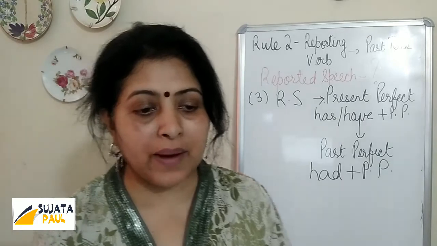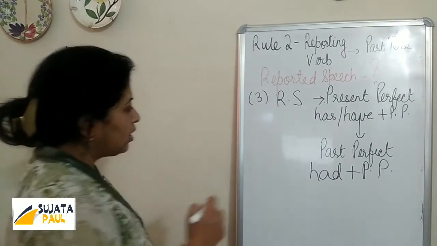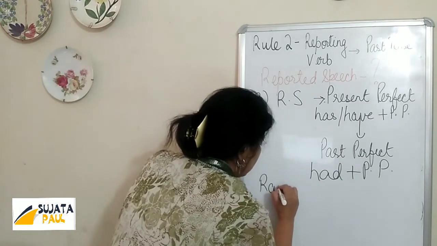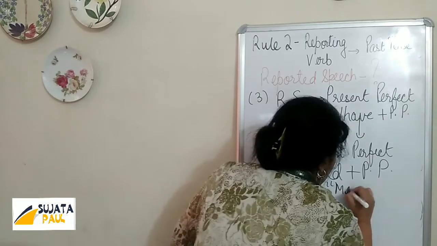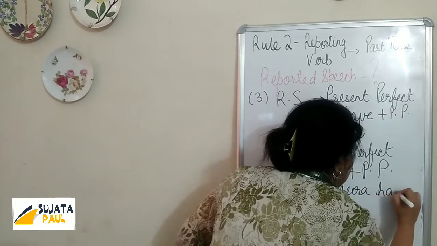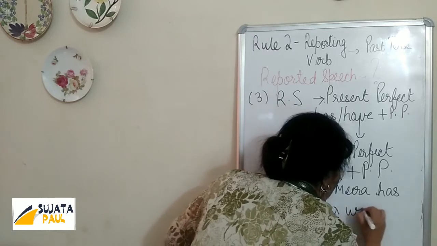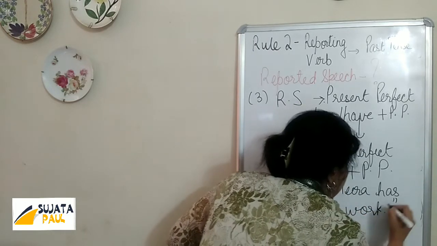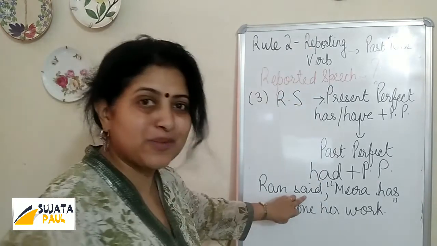So when I'm talking about something like this, I can say Ram said Meera has done her work. Full stop, inverted commas closed. So what do I check? Reporting verb. Reporting verb is said.